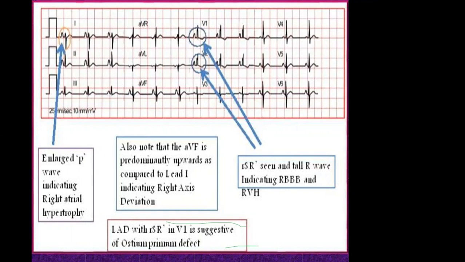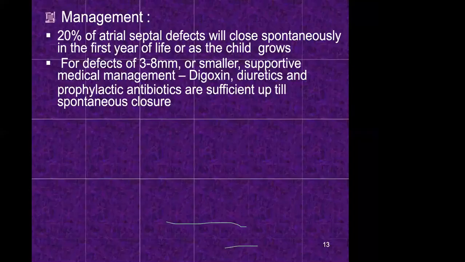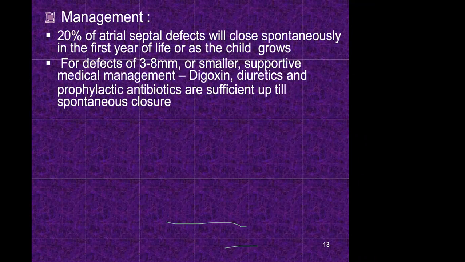Anyway, regarding the management, most of the babies' defects will close by the end of the first year itself. However, if the hole size is 3 to 8 millimeters, they may need supportive medical management using digoxin, diuretics, and also prophylactic antibiotics.